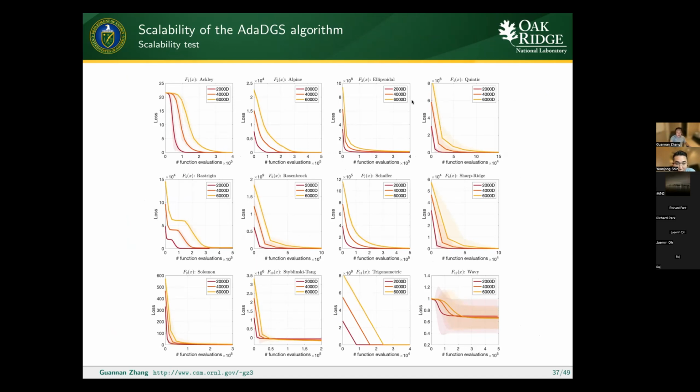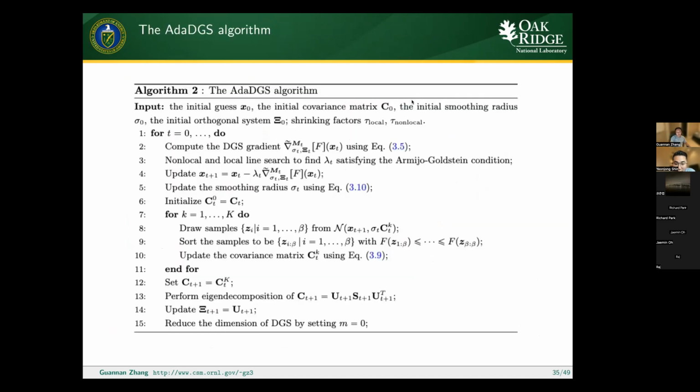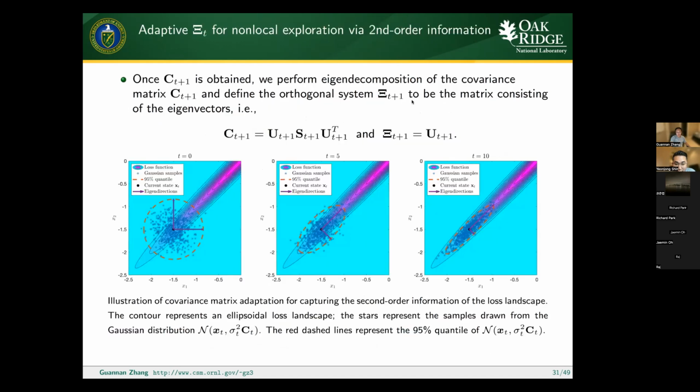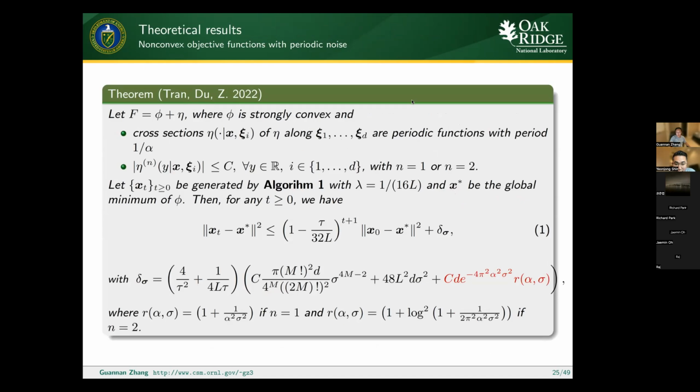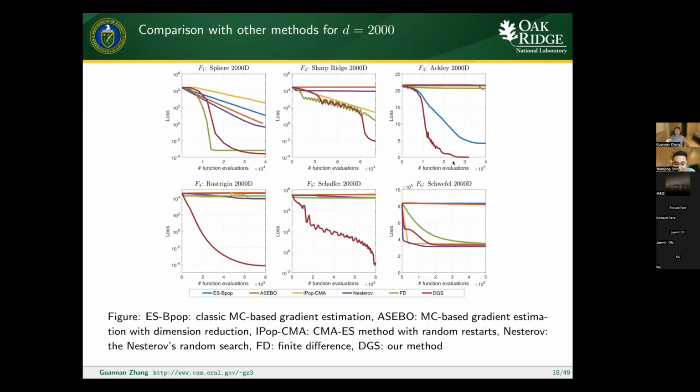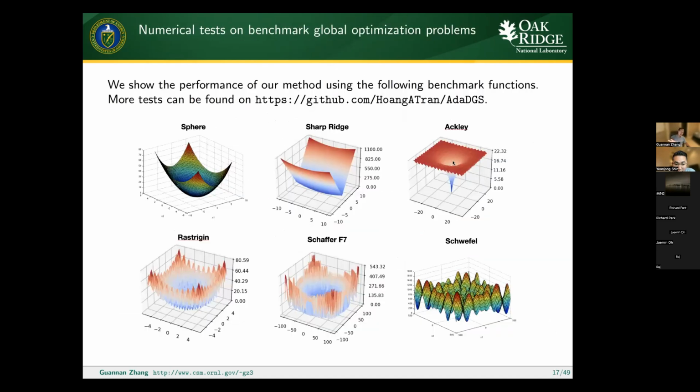The Ackley function is a type of function that has a very flat outer region and a very sharp local mode at the minimizer. In 2D, it should be okay. In high D, the volume of the mode that contains the global minimizer is much smaller compared to the outer region, so it's very hard.